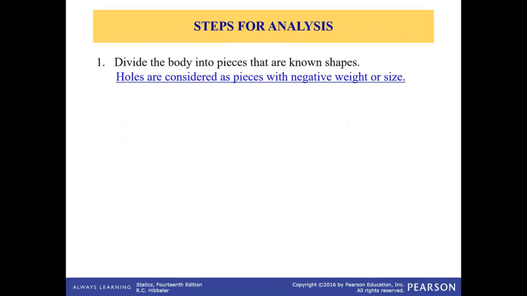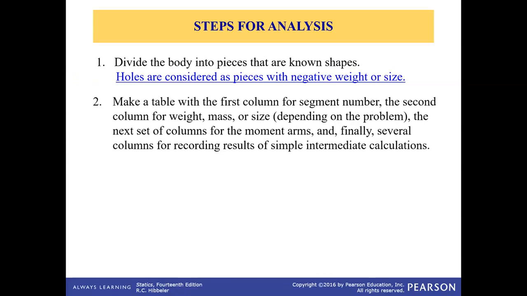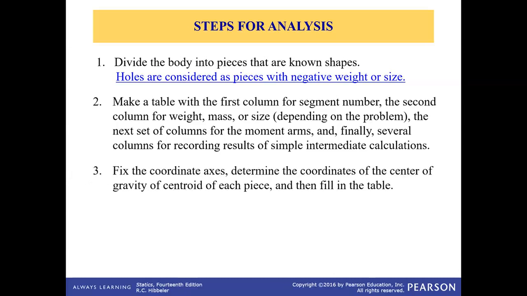These steps typically are: divide the body into pieces that are known shapes. Holes are considered as pieces with negative weight or size. Make a table with the first column for the segment number, the second for the weight, mass, or size, the next set of columns for the moment arm, and finally several columns for recording the results of simple intermediate calculations.